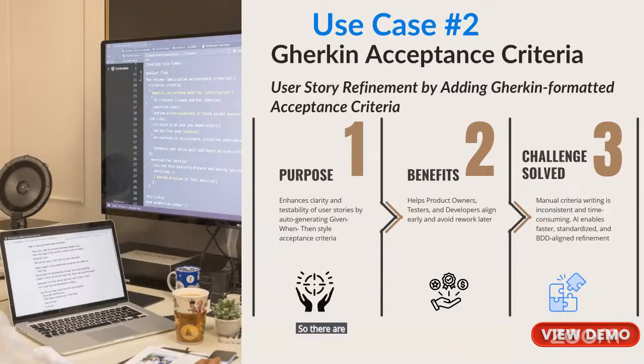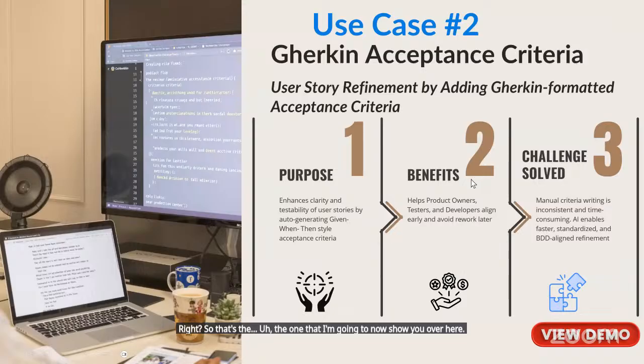There are a lot of things you can do as part of refinement. The use case we are going to show is how to generate acceptance criteria. So that's the one I'm going to show you now.